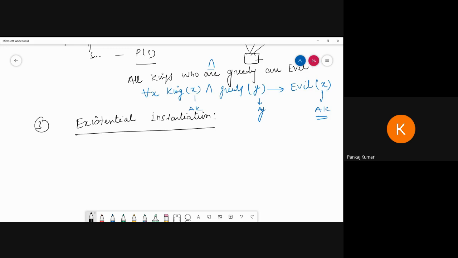Now what is the meaning of it? We have to eliminate the previous knowledge and add the new knowledge, and we have to prove that it is true.